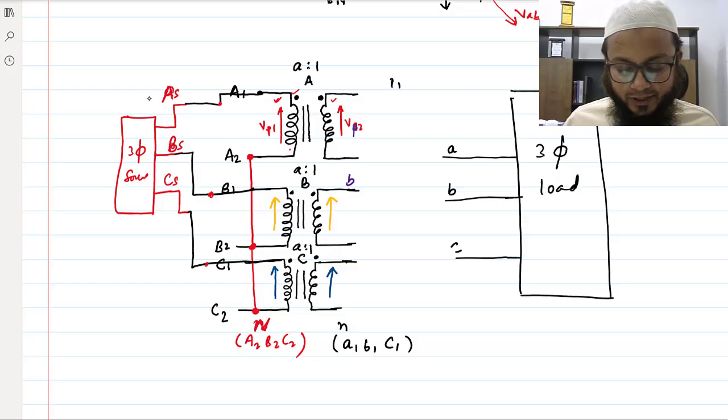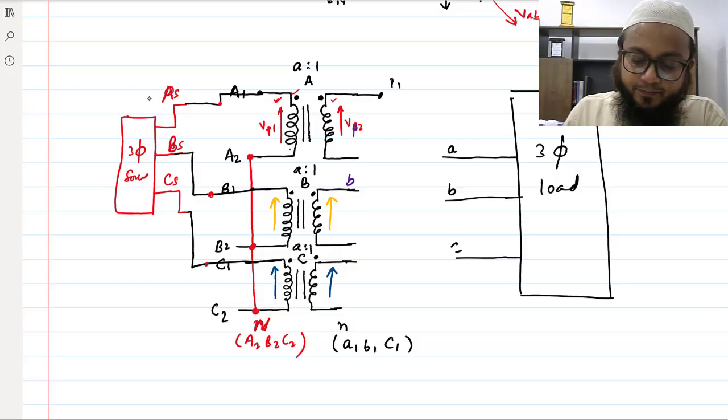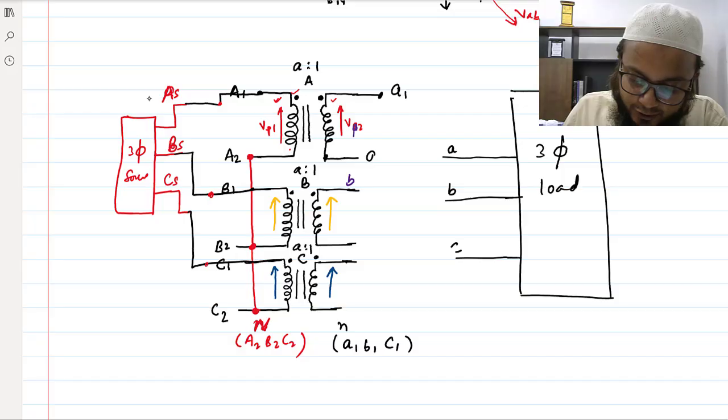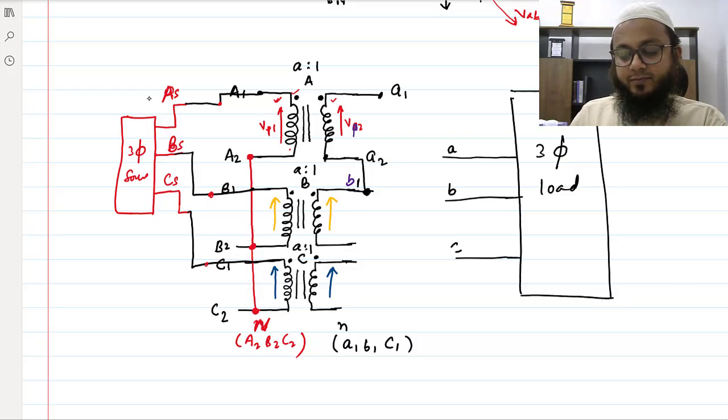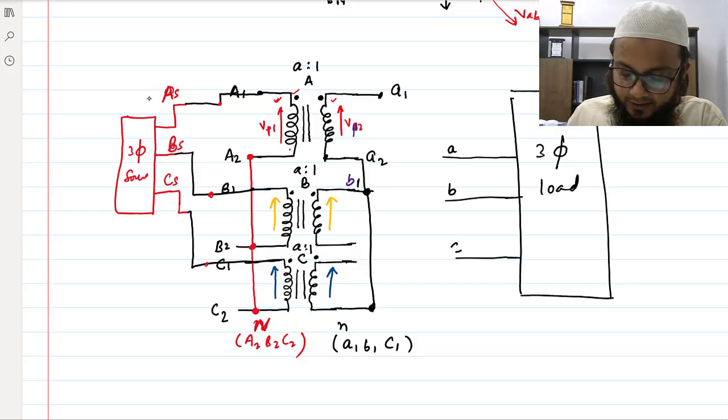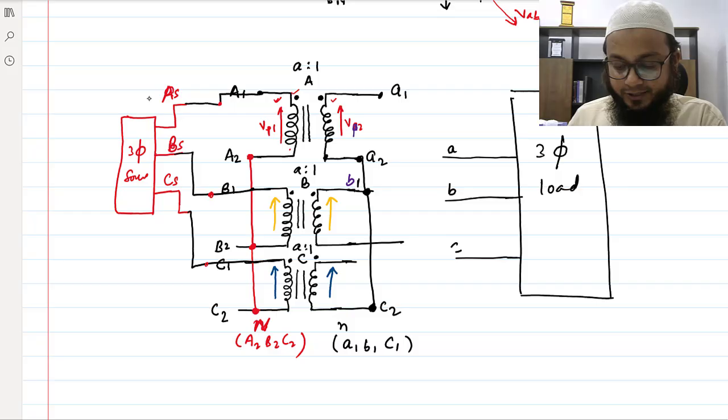So he decides to connect the other end instead. A1 here, and A2 I will connect to B1. He connects it here, B1, and then C2 he has connected. So this is also a star point, right? This is also a star point.